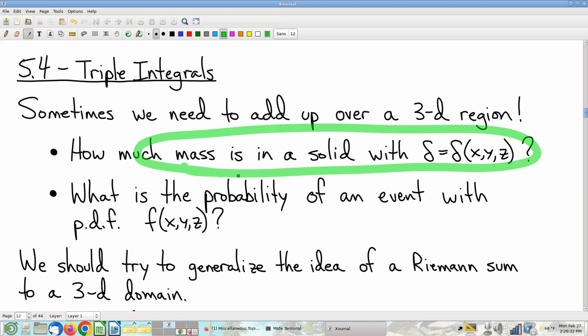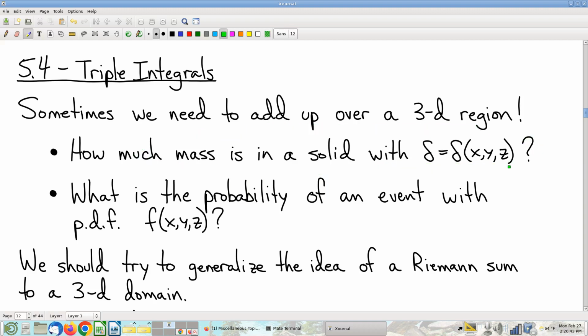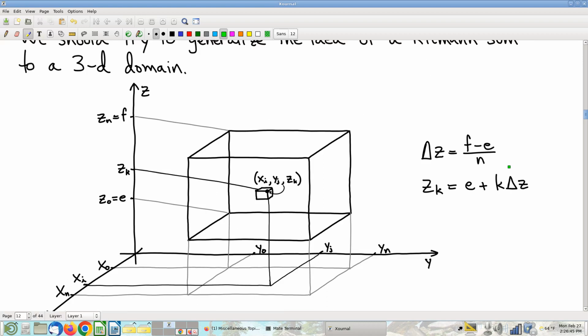Most of the time we're interested in all three dimensions. And so this is arguably the natural way to think of how mass is distributed. Okay, so what we're going to do then is develop a three-dimensional version of chop it up, add it up. A three-dimensional version of the whole is the sum of the parts.